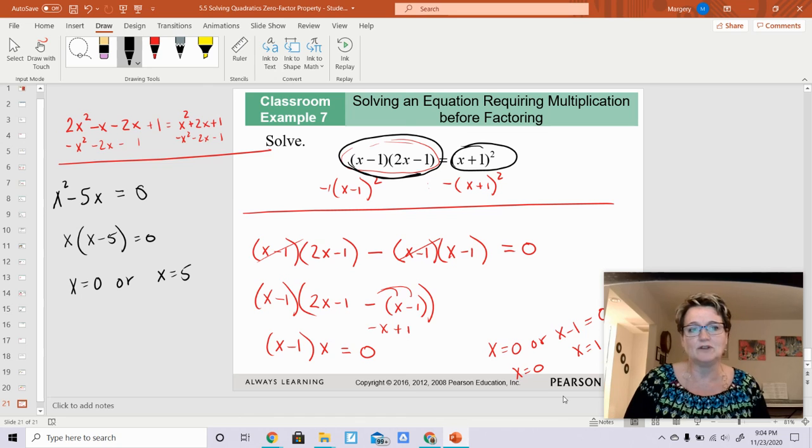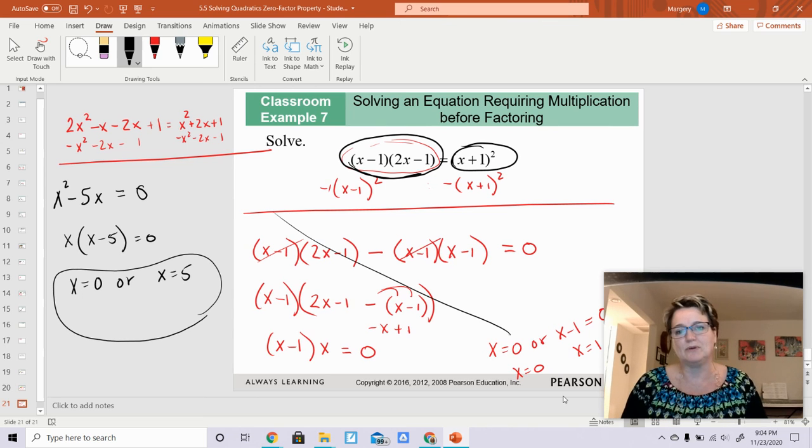I moved everything over to one side of the equation, and I got 2x squared minus x squared is x squared. I got a negative x plus a negative 2x is a negative 3x, and negative 3x plus a negative 2x is a negative 5x. And then I have this positive 1 plus a negative 1 is 0. And then this side over here is equal to 0. I factored out an x, and I did that, so this would be the right answer. I made a boo-boo over here.